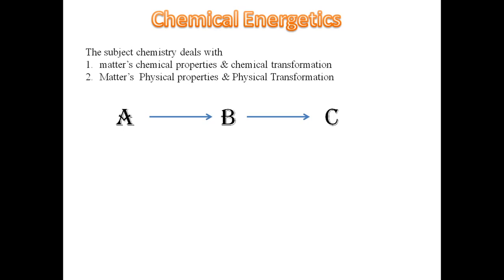Like you have a certain matter called A. It moves to B and B maybe moves to C. Sometimes A can directly move to C. Or in a number of changes we see. This may be chemical or this may be physical.